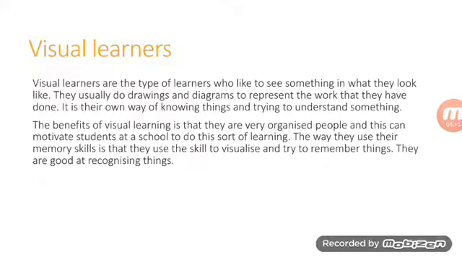The way they use their memory skills is that they use the skill to visualize and remember things. They are good at recognizing things. So they, like most filmmakers and most artists, most people in the arts, like actors and actresses and filmmakers and visual artists, they learn through this type of thing because they can see every intricate detail of what needs to be included.